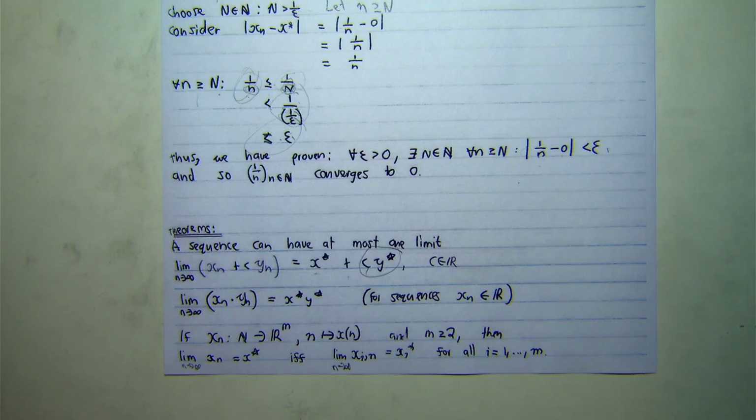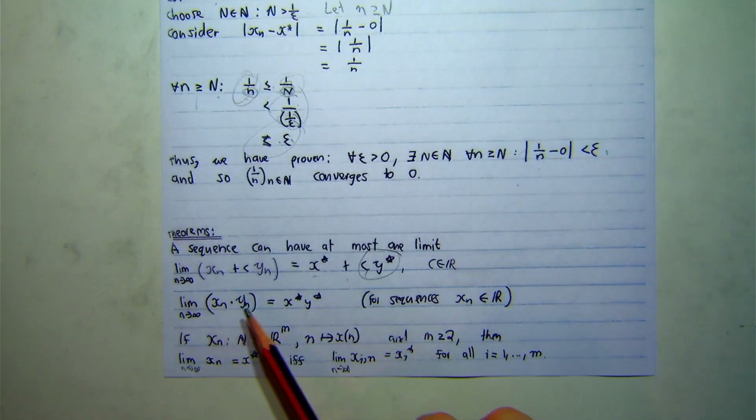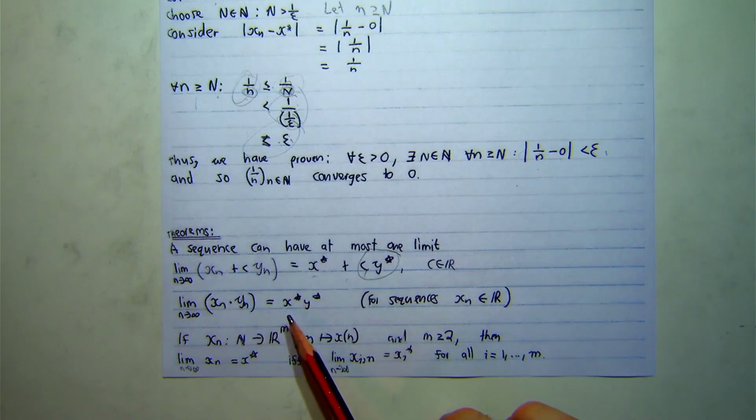Next, you have two sequences multiplied by each other will give you a limit where x star is multiplied by y star.